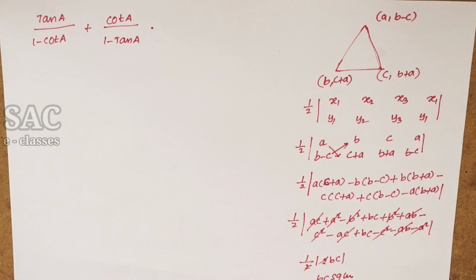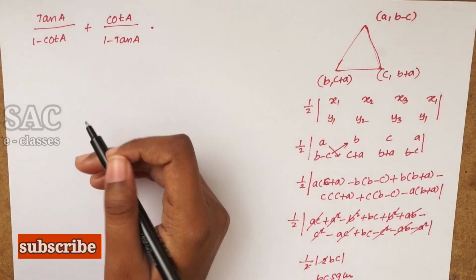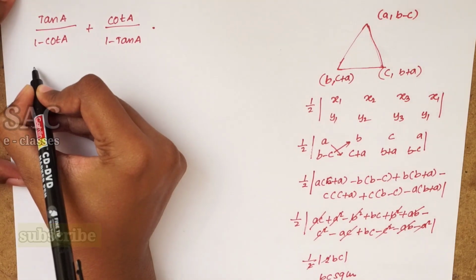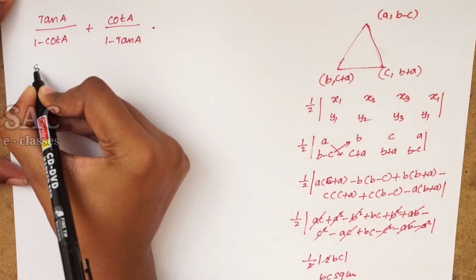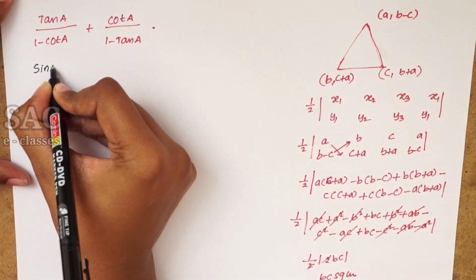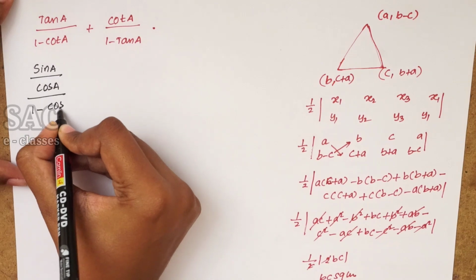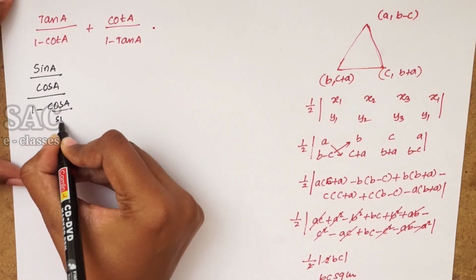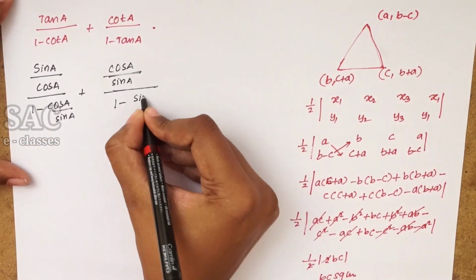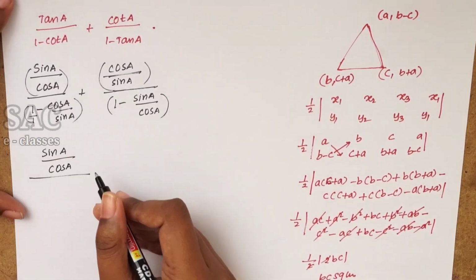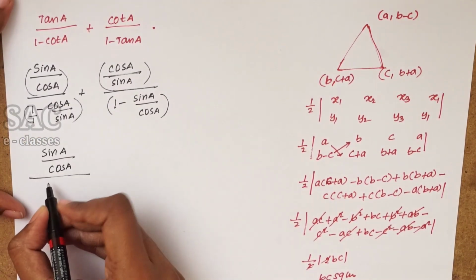So it's better to express tan in terms of sine and cos, and cot also in terms of sine and cos. Do you know in what way you can express tan? It is sine A by cos A. 1 minus cos A by sine A.